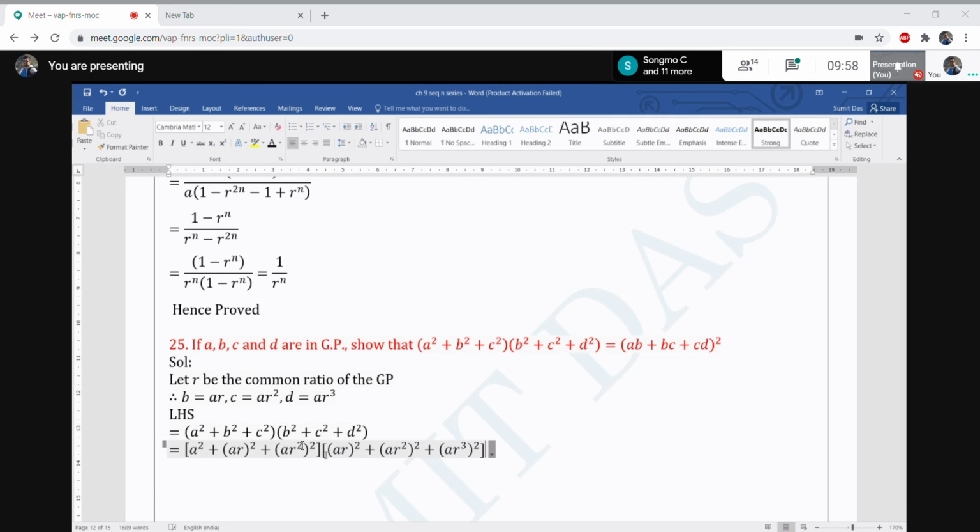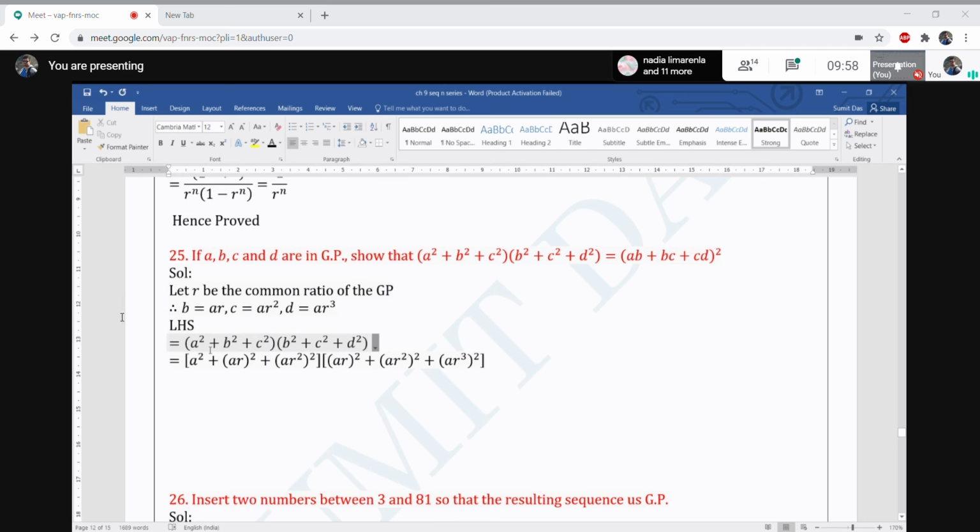So basically you can see I just replaced all the values.